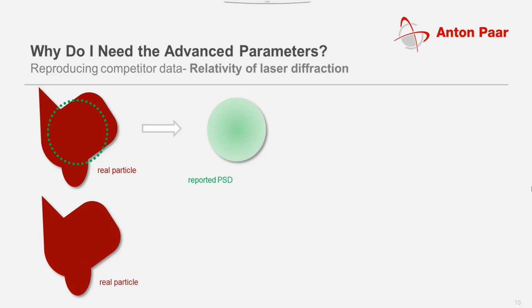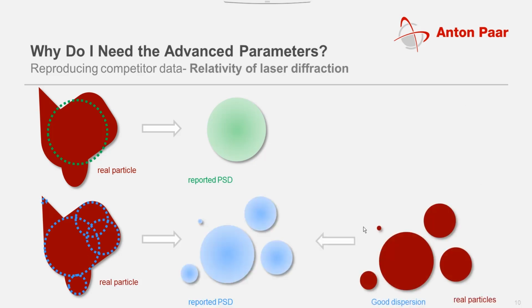However, on the same particle, there are different edges which can act like diffraction centers. In this case, the reported particle size distribution will be polydispersed, because particles of different sizes will be detected.